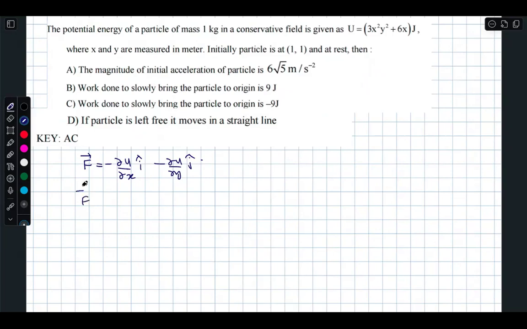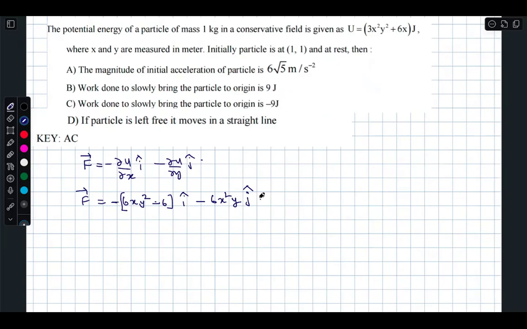By doing the differentiation, you will get minus 6x y square minus 6 i cap, minus dou U by dou Y. So the other term will become 0, 6x square y j cap. That's the force.